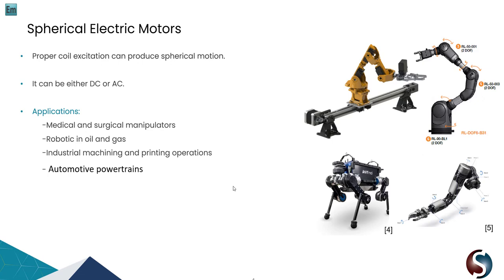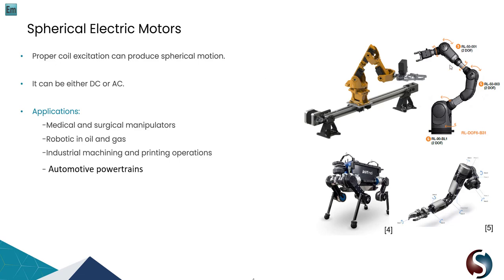So how to achieve it is by properly exciting the coils, by designing the proper coils and exciting them in a certain series, sequential, or simultaneous way. You can actually achieve a spherical motion.